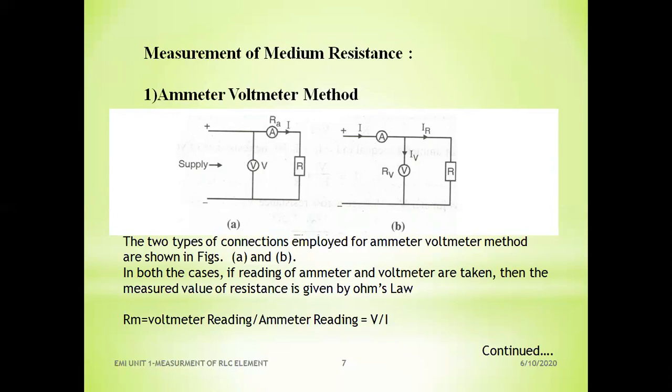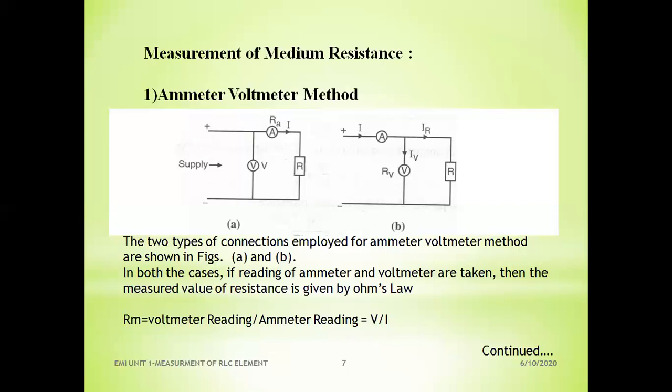This method is very popular because the instruments we use are easily available to us. That means ammeter and voltmeter are easily available in the laboratory. That's why we use this method for the measurement of resistance.